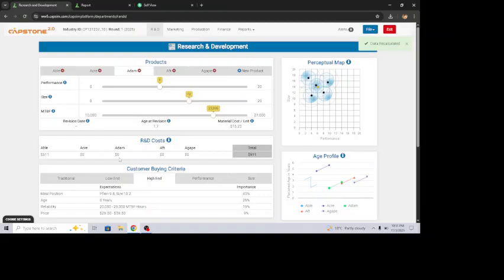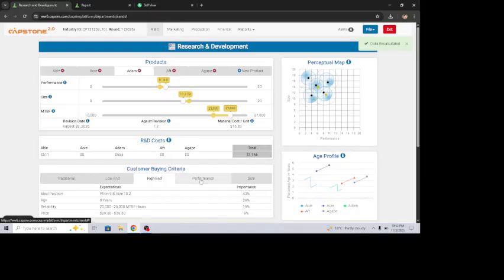So in this case, we're going to give it a performance of 8.8, and then a size of 11.2. And then we'll give it an MTBF of 25,000, given it's a high-end product and customers want products that are high performing, which is actually the maximum.